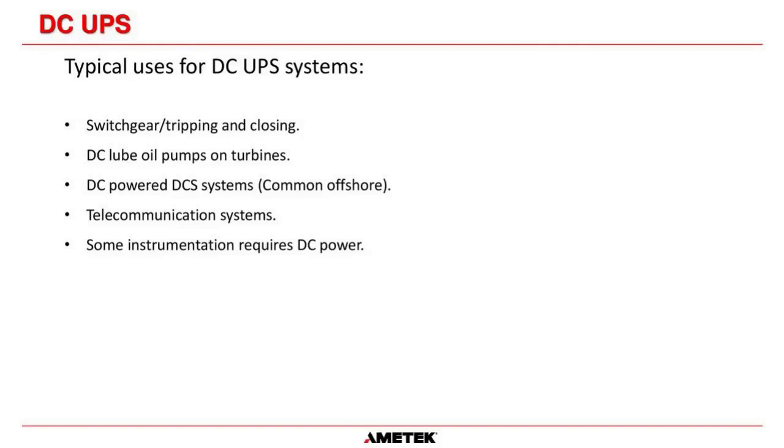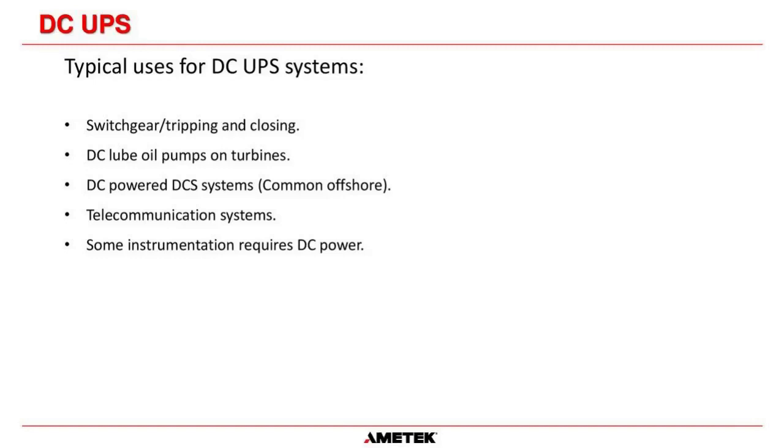So the typical uses for DC: UPS systems, because they really are still a UPS, because a UPS is classed as an uninterruptible power supply. And anything that has a battery backing it up is basically an uninterruptible power supply. So it's called a DC UPS. So really, for the oil and gas industry, the most typical application is going to be a switchgear tripping and closing supply.